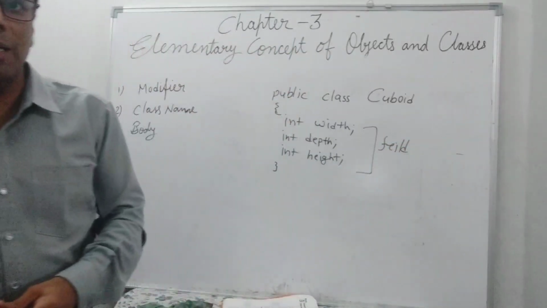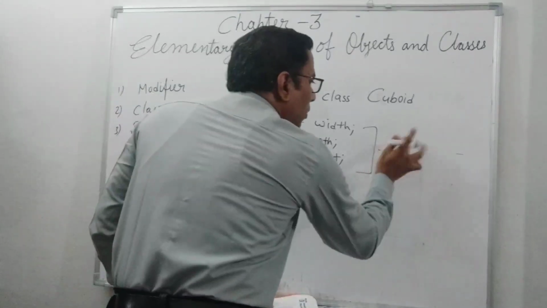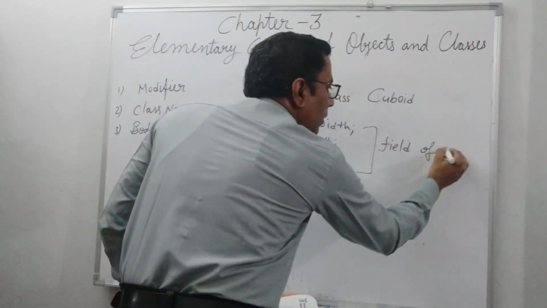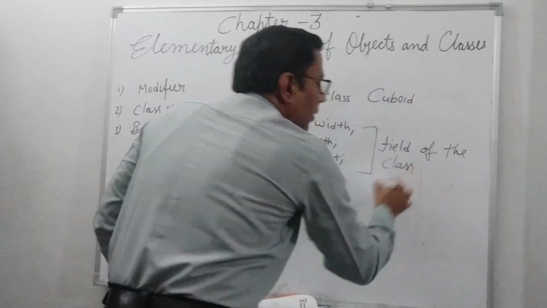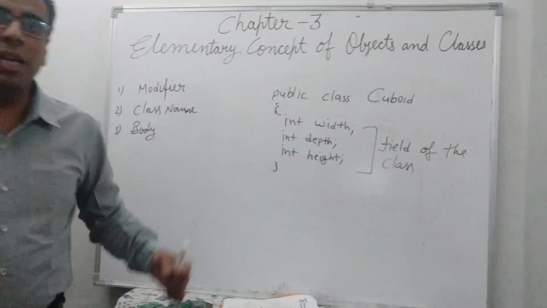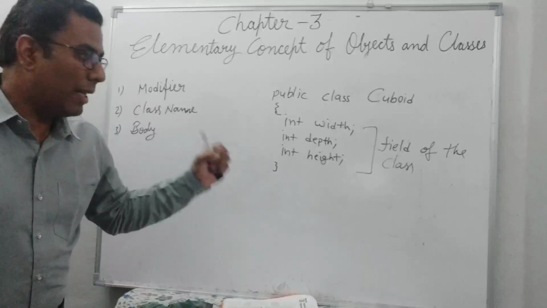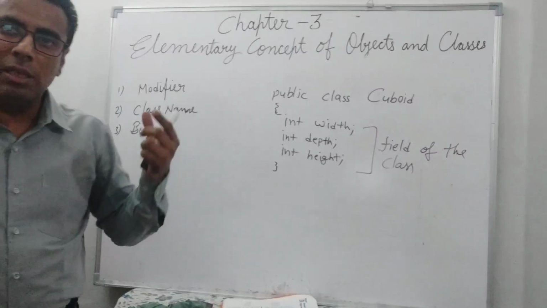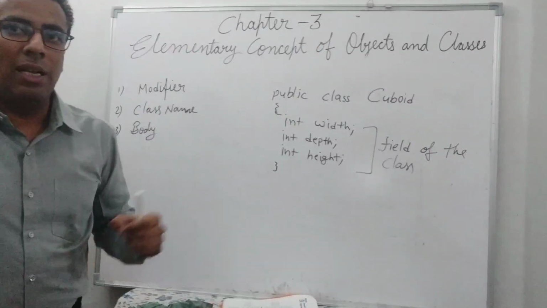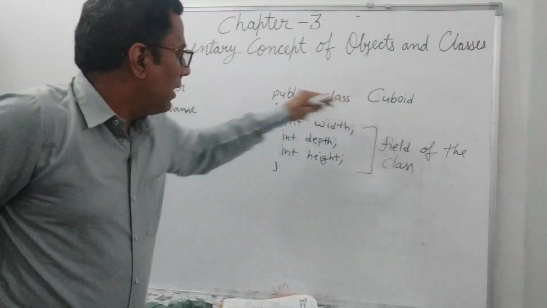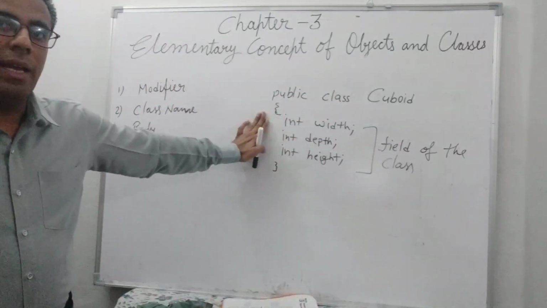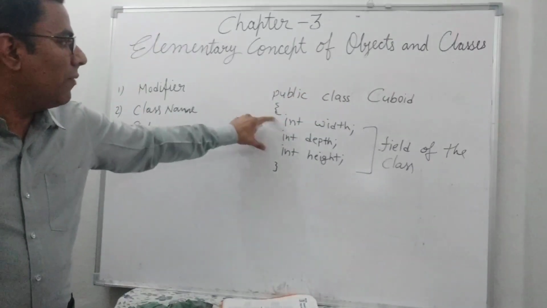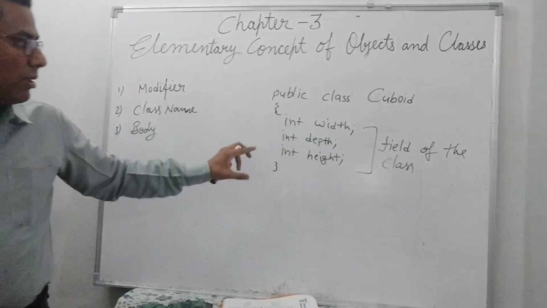An object stores its state in fields. Here the Cuboid class does not contain any method. This class Cuboid contains only the instances, the variables or fields.